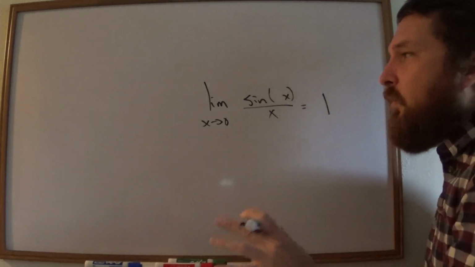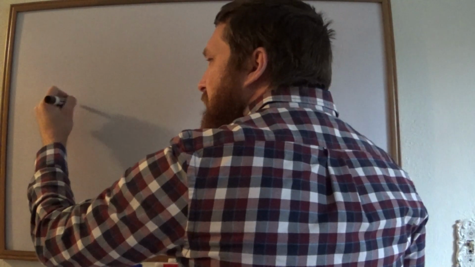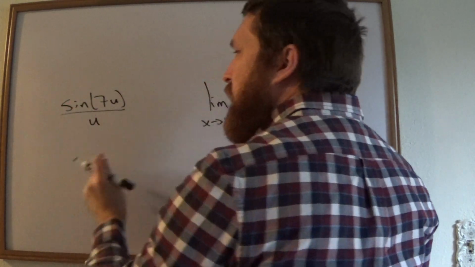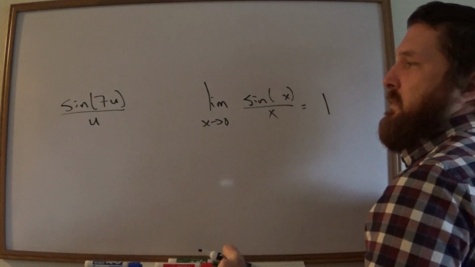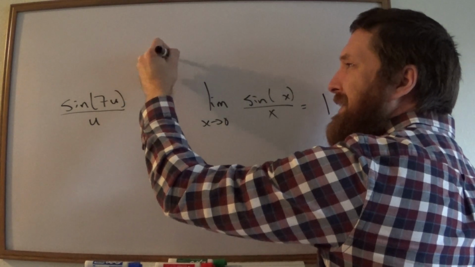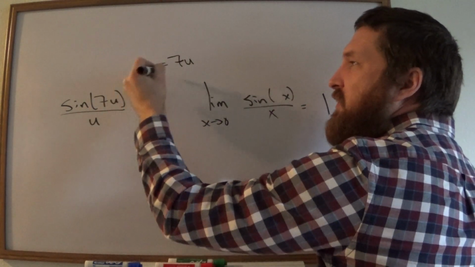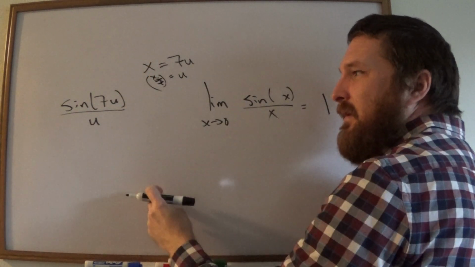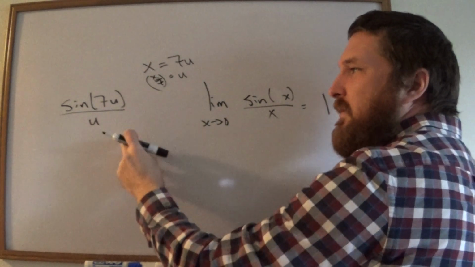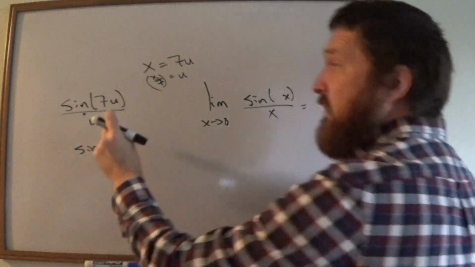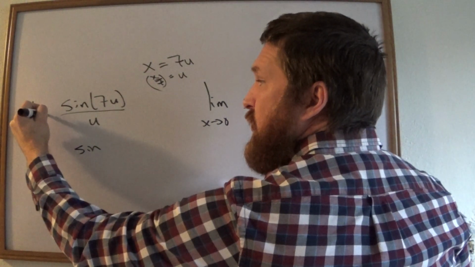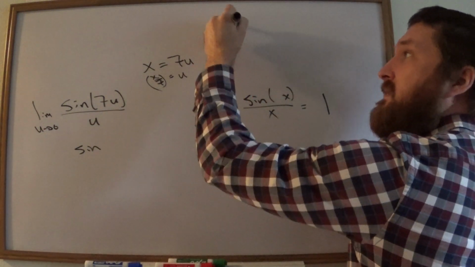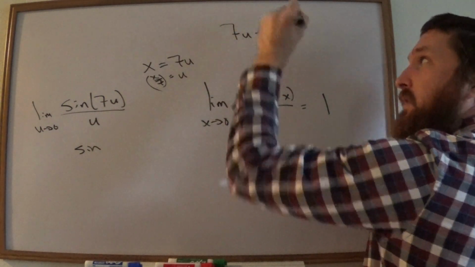And so basically the way you do these is you take your sine 7u over u and you just do a substitution. You say, well, let's let x equal 7u. So then u is equal to x over 7. Now you just plug those in, and notice that as u goes to 0, 7u also goes to 0.